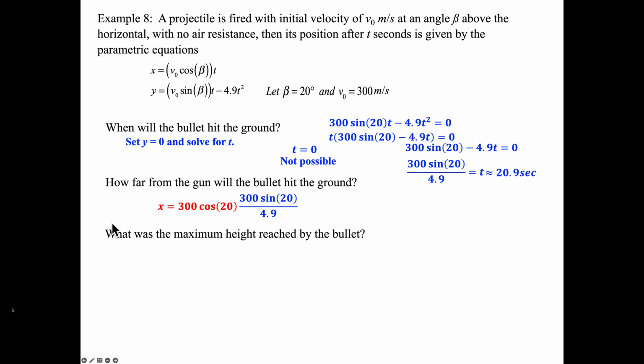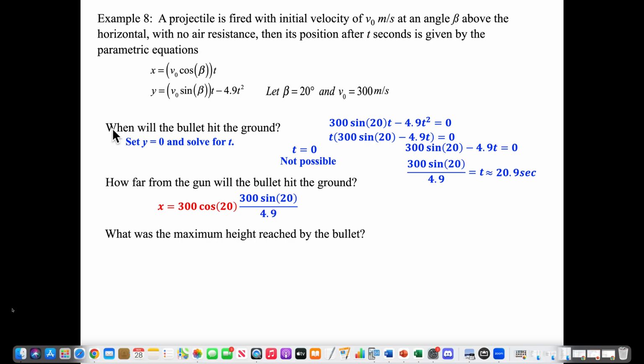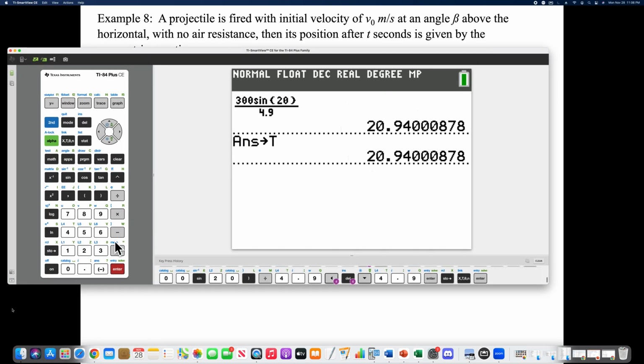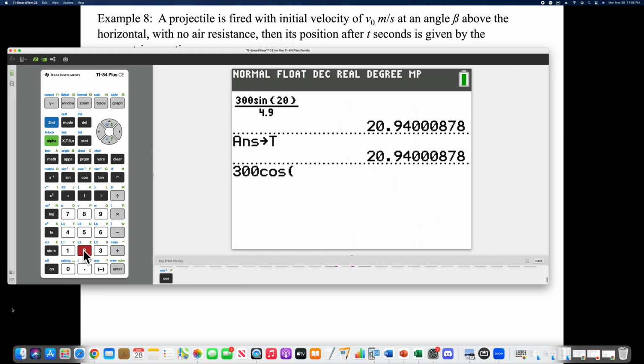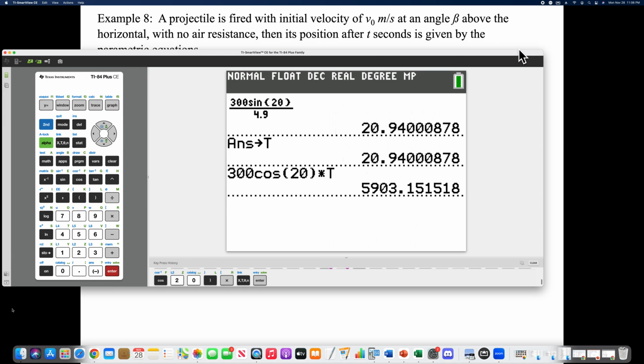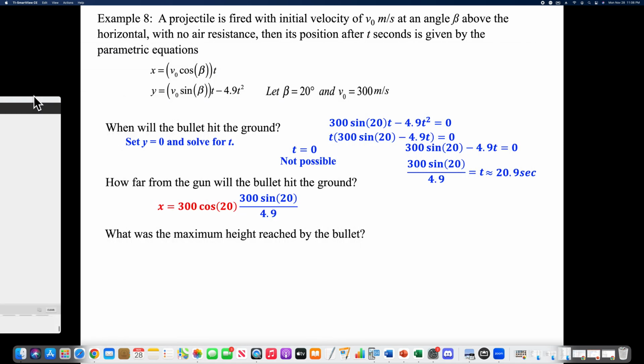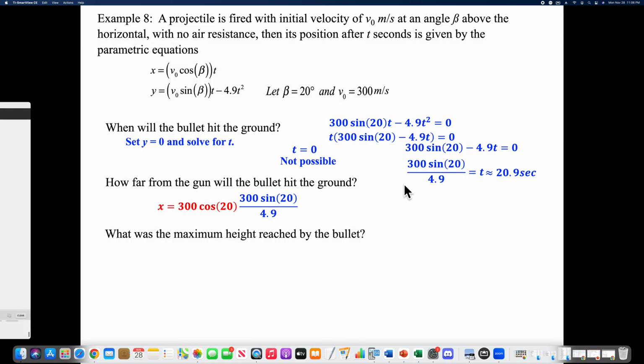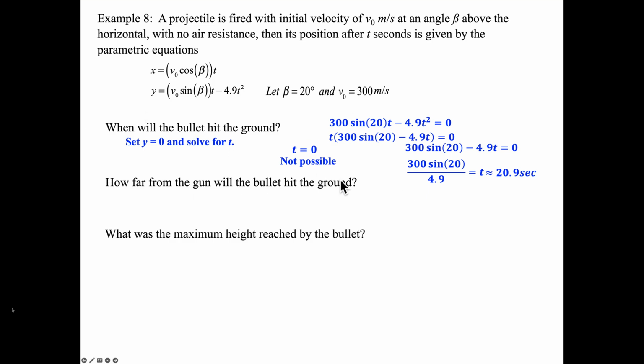That's this fraction right here that I saved in my calculator. So I'm going to go in my calculator, 300 cosine of 20, and then times t. So 5,903 meters. So if we round that to the nearest meter, that's where we're at.